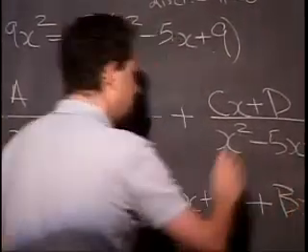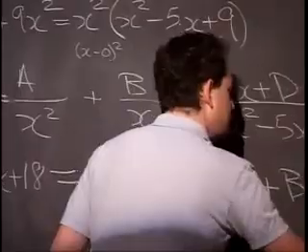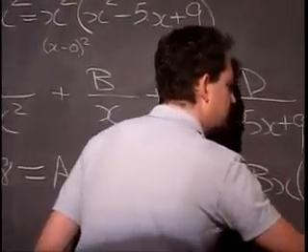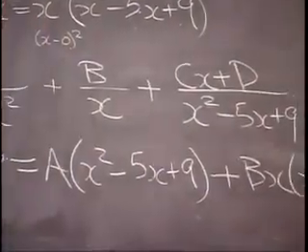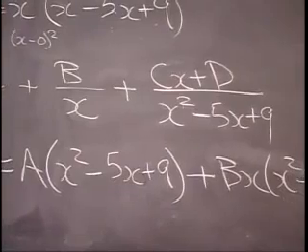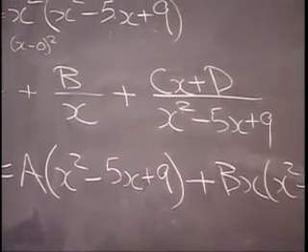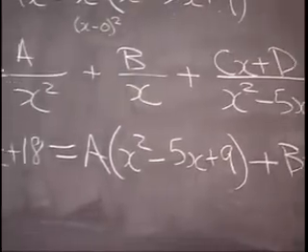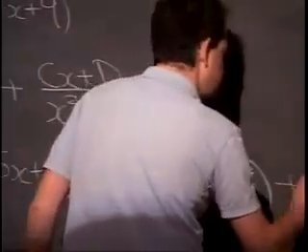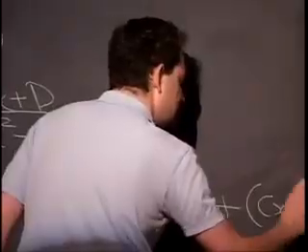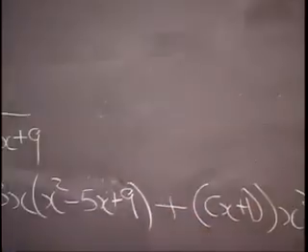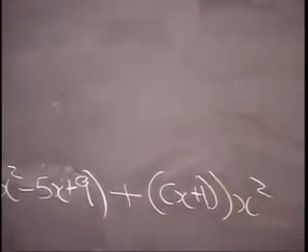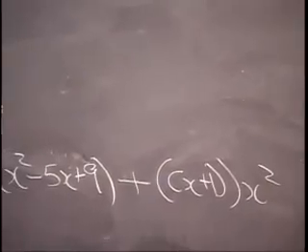So you will get bx times x squared minus 5x plus 9. And finally, the last term, x squared minus 5x plus 9 gets killed, but you now have another x squared. So you will get cx plus d times x squared. And that is the equation that you need to deal with.